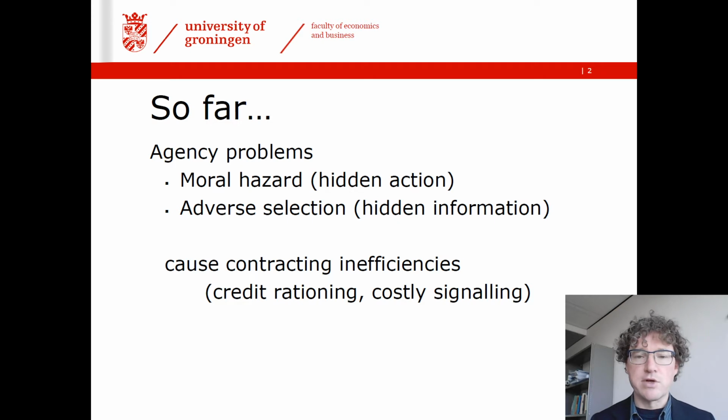So for instance, we saw these debt collateral signaling systems, which created a device which improved the outcome for the entrepreneur, which from a total welfare point of view was inefficient.